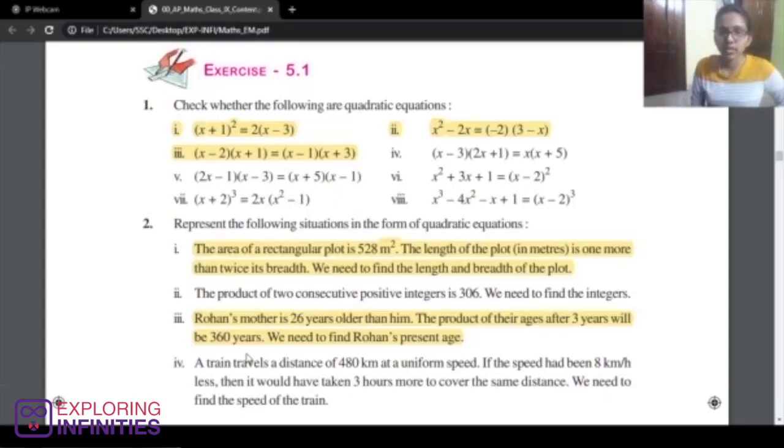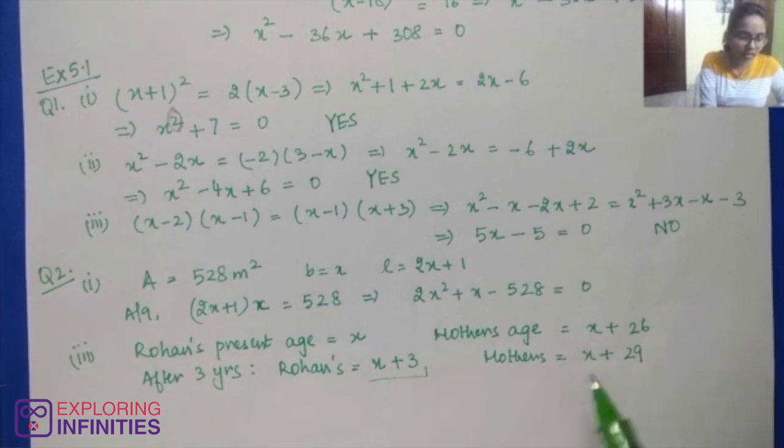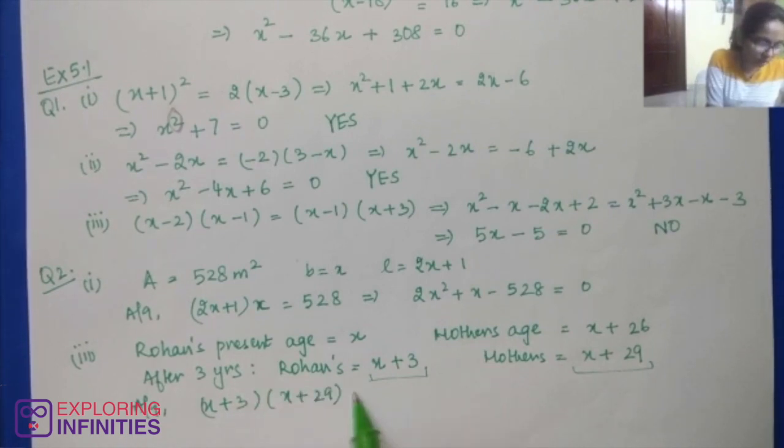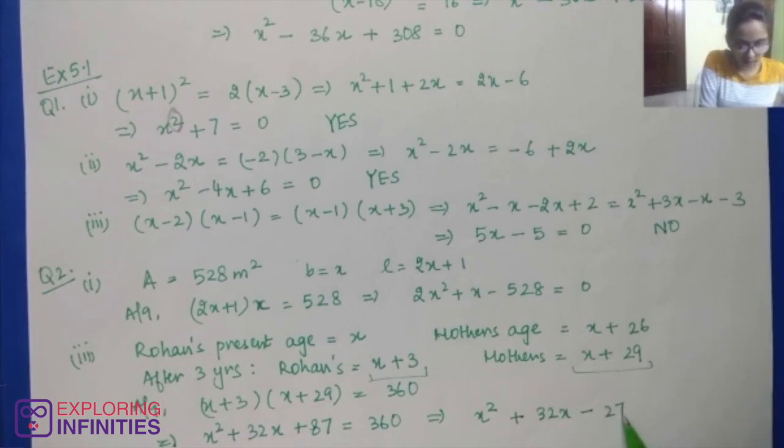Then the question says the product of the ages after 3 years will be 360. So simply we have to multiply this part and this part and say that it's 360. So it's (x plus 3) multiplied by (x plus 29) equal to 360. So if I simplify this, I have x square plus 32x plus 87 is equal to 360, which on further simplification gives me x square plus 32x minus 273 equal to 0.